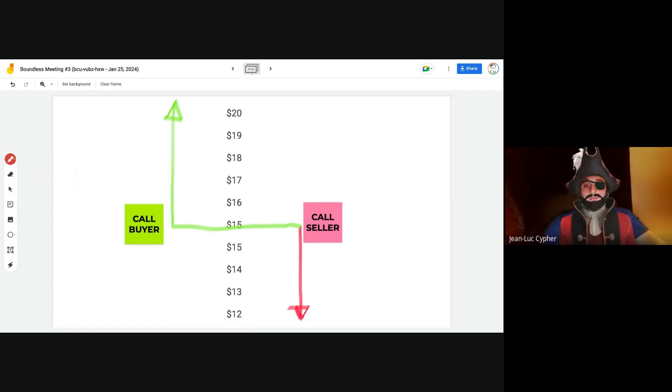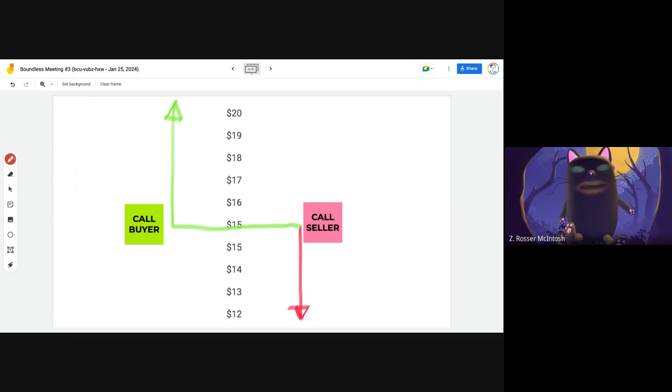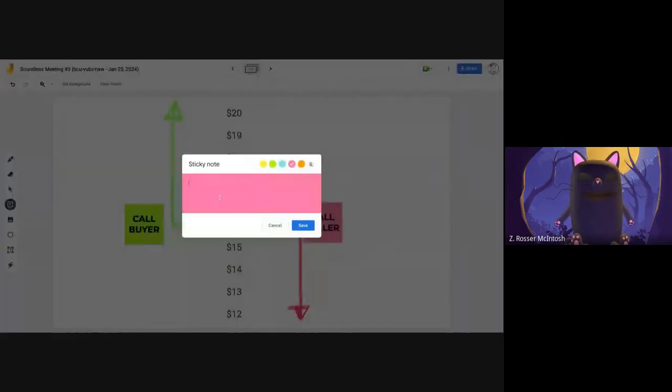Yep. All right. Let's look at the example of a call where let's say I buy it at 15 or 16. We'll do 16. It's a good number. All right. So 16. And I do this for a call.